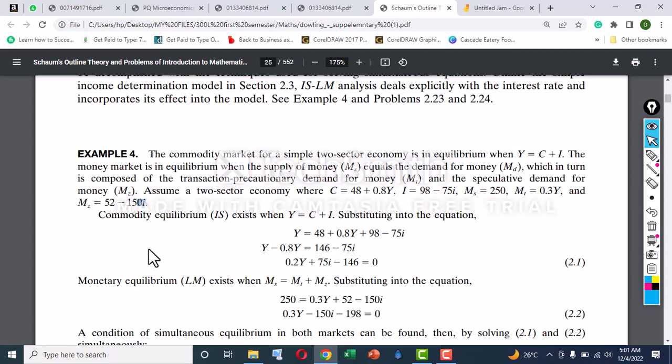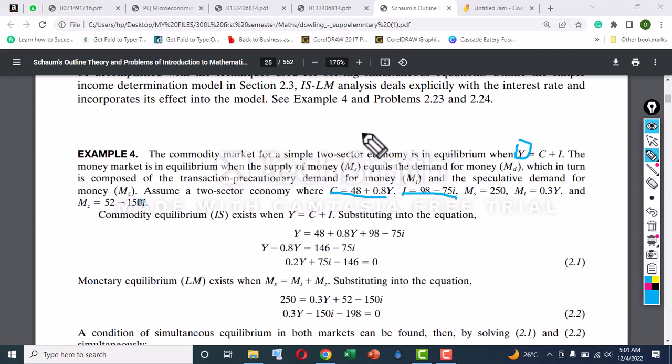So how do we now solve the ISLM model? The first is to take these guys, the national income. There are two, C and I. Add your C plus I to give your national income.